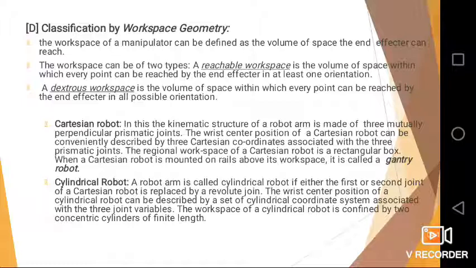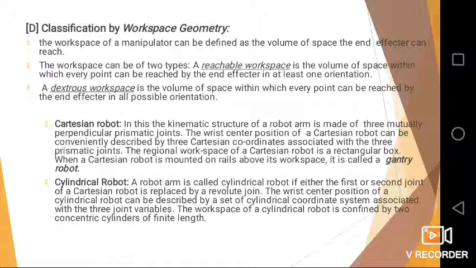Reachable workspace is the volume of space within which every point can be reached by the end effector in at least one orientation, whereas dexterous workspace is the volume of space within which every point can be reached by the end effector in all possible orientations.